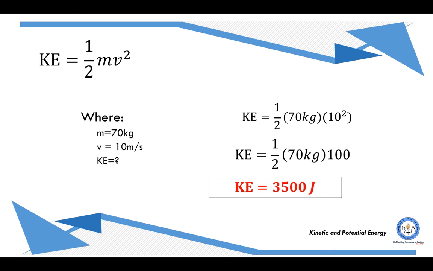Just multiply first the given velocity, 10, by itself, then you will get 100. After that, the answer should be multiplied by the given mass, which is 70 kilograms. After getting the answer from that step, proceed by multiplying your answer by 1/2. Then you will get the kinetic energy, which is 3,500 joules.